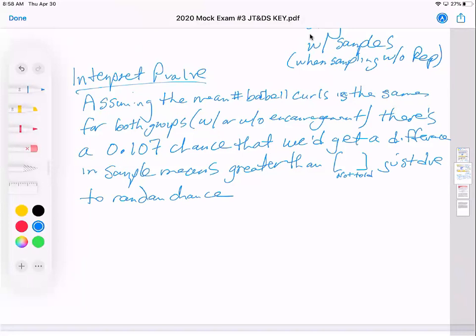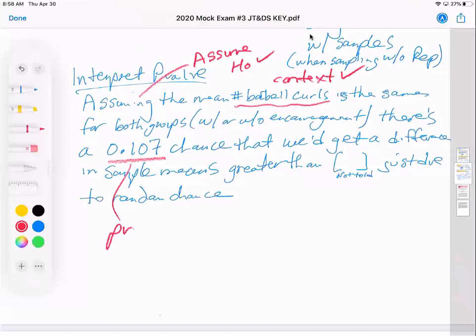Let's see if I got everything here. Assuming the null, check. We have context. I mentioned barbell curls. I mentioned the p-value. We weren't really told this, but we have the direction of the shading. A lot of students just say that we'd get a difference of exactly this, just due to random chance, and forget the direction. So it looks like I got everything.